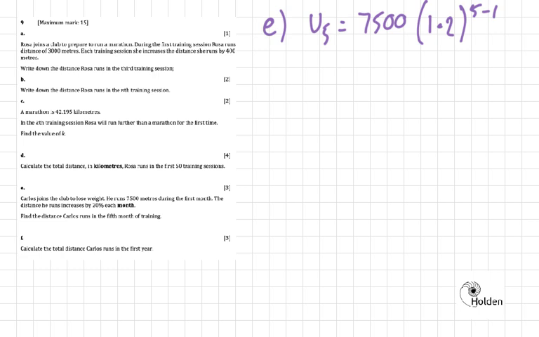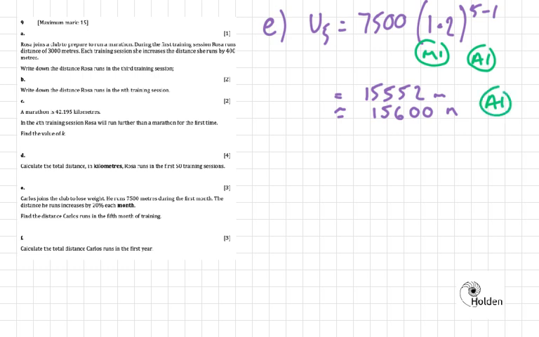Substitution into the formula, and correct substitutions, M1, A1 all day long, and type that into a GDC, 15,552 meters, which is approximately 15,600 meters, correct to 3 significant figures, A1.